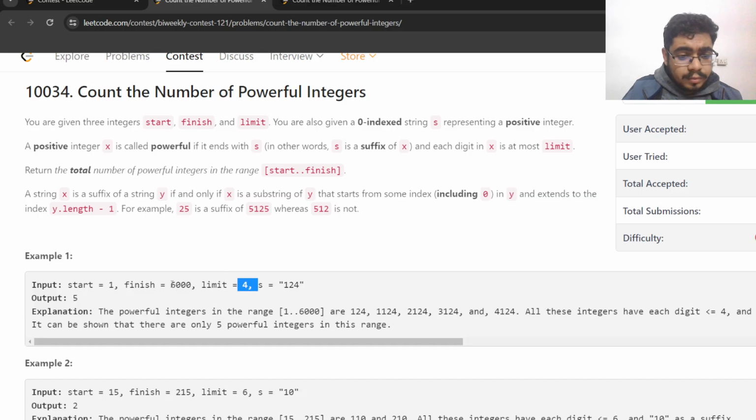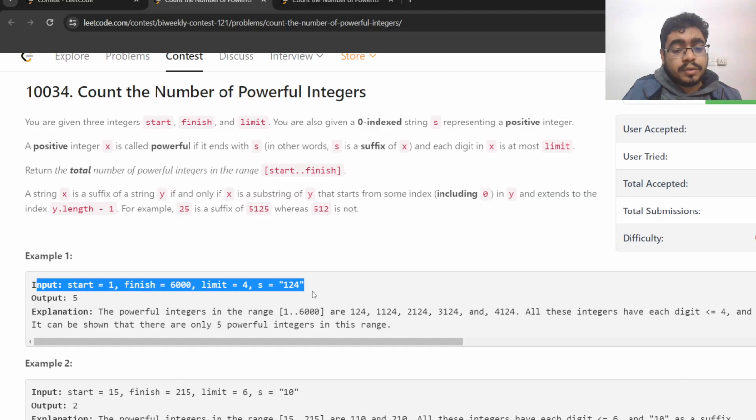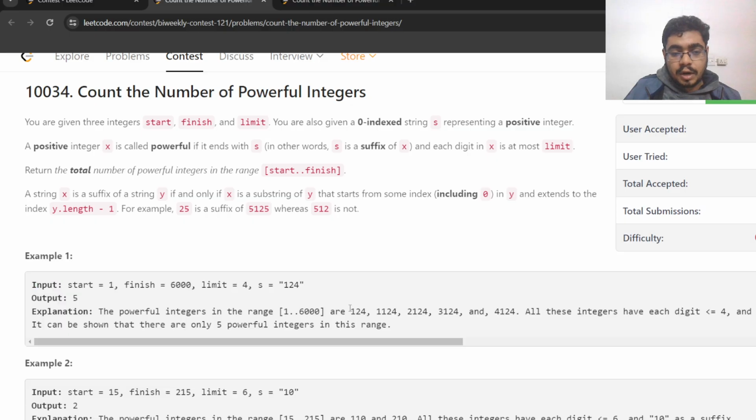So if we look at this particular scenario, we need to find powerful integers between 1 and 6000. Ideally, they would be 124, then 1124, 2124, 3124, 4124. 5124 should have also been there, but because it has 5, it is not counted. So these are the numbers which are counted and we have output as 4.